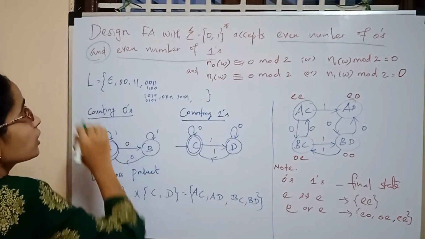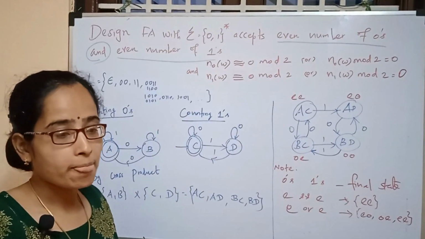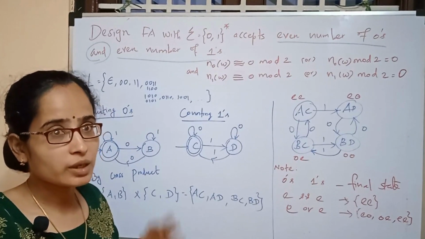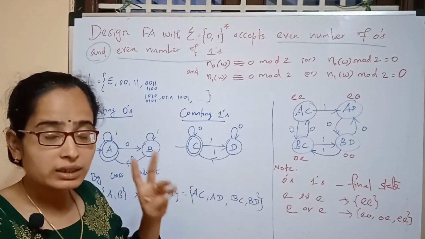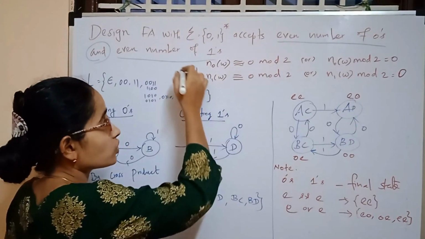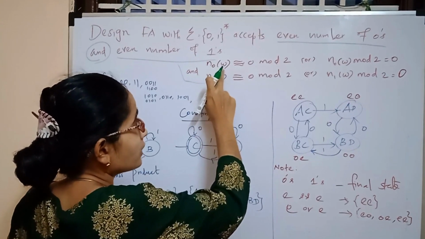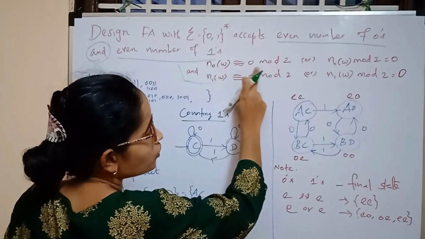You also note the keyword "and". So the finite automata should accept only the even number of zeros and even number of ones. This is the mathematical notation for that. The first one is the number of 0s of the string is congruent to 0 mod 2.